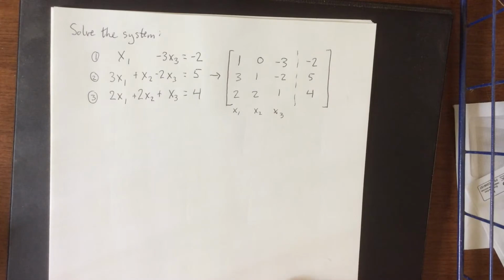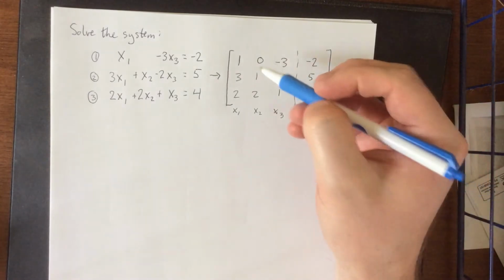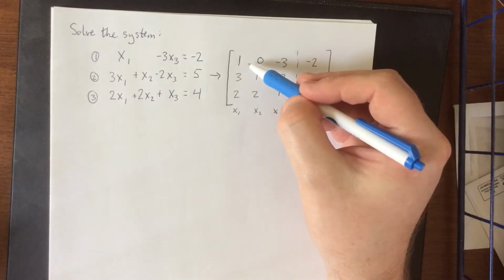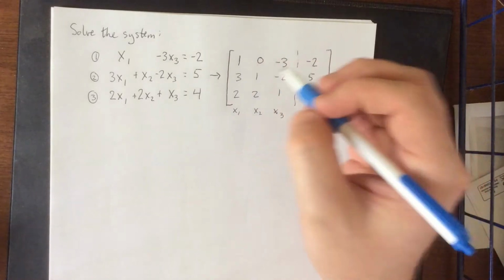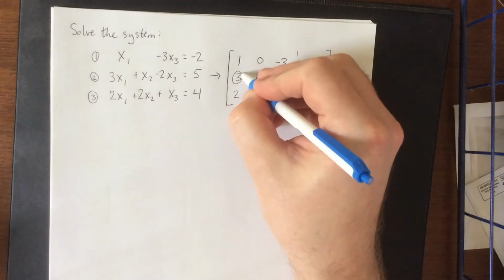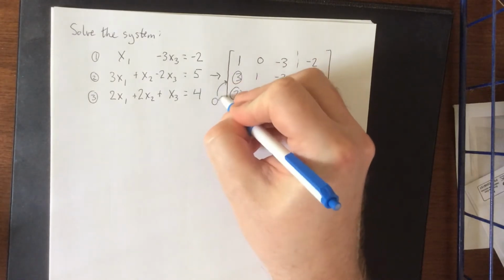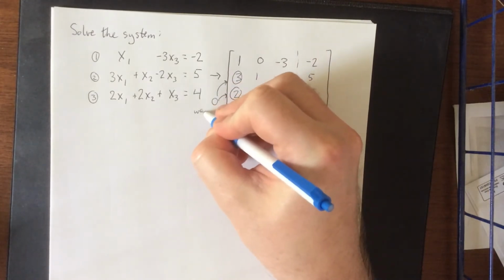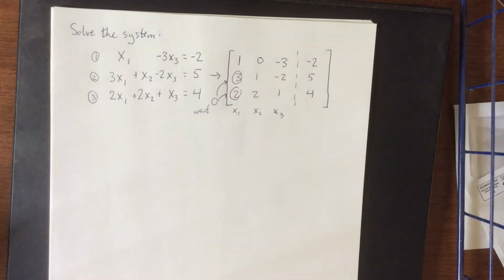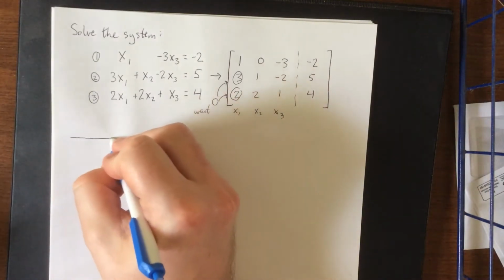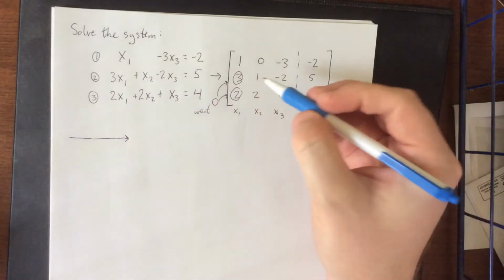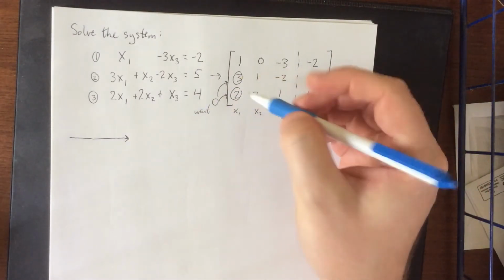Now normally the first thing that we would want to do is make sure that we have a 1 in the 1, 1 entry. That's already been taken care of for us. As such, our first goal in this case is going to be to get zeros in the two entries below that lead one. Now we're actually going to do this by only taking one step in which we do two operations. So to clear out the positive 3, we'll need the negative 3.